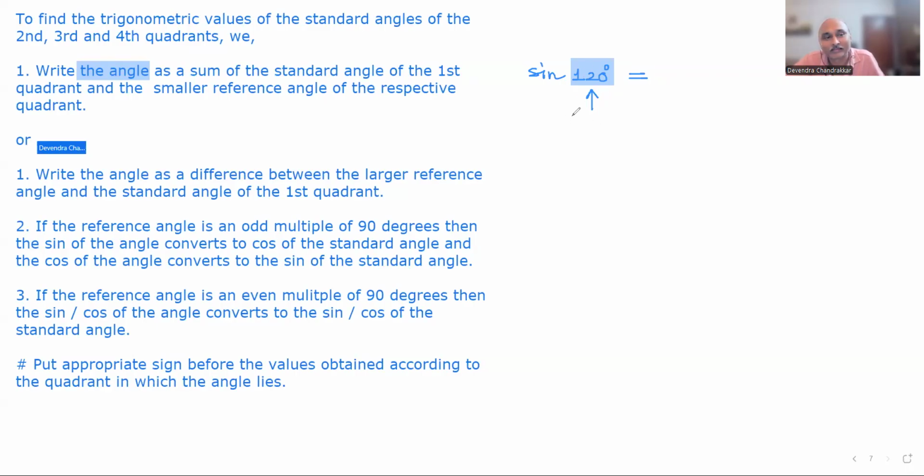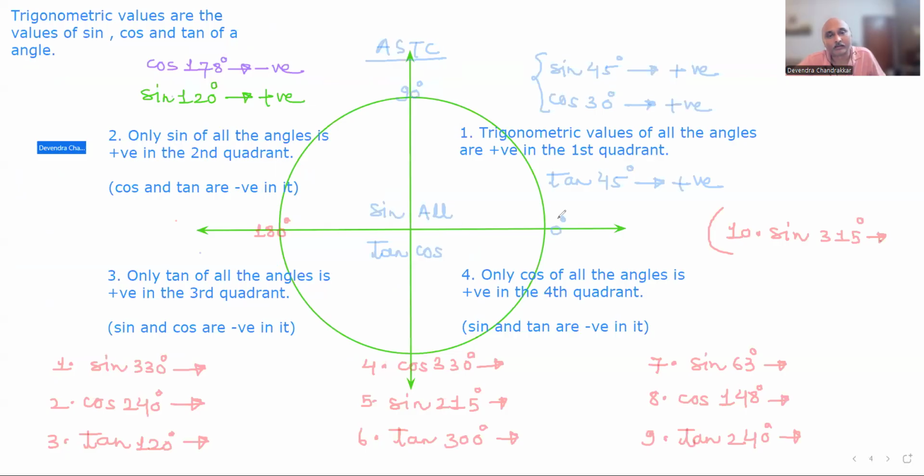This 120 degree lies in which quadrant, kids? Second quadrant, sir. So which is the smaller reference angle of the second quadrant? A smaller reference angle, I'm saying. Second quadrant is between 90 and 180, so the smaller reference angle is 90. Got it?